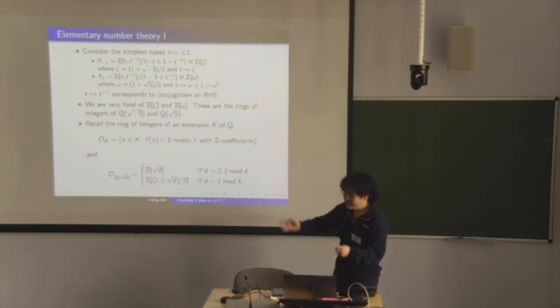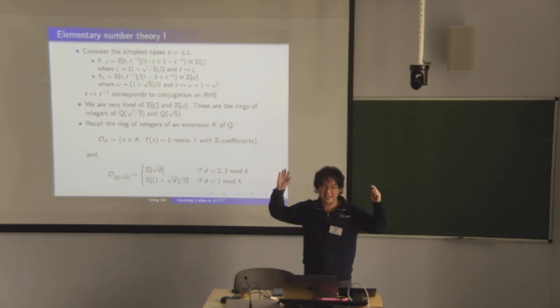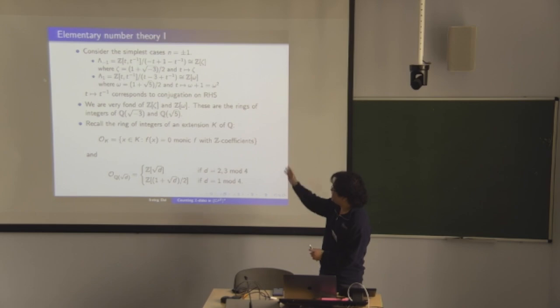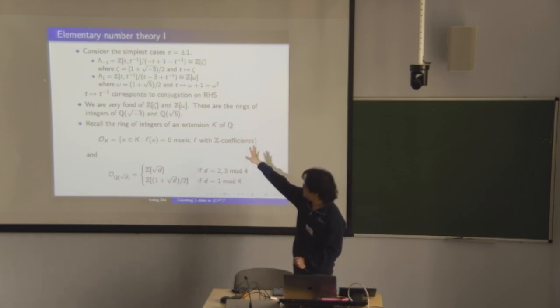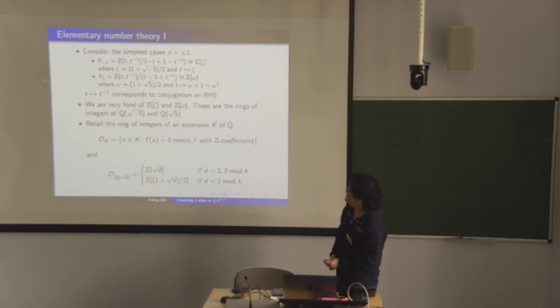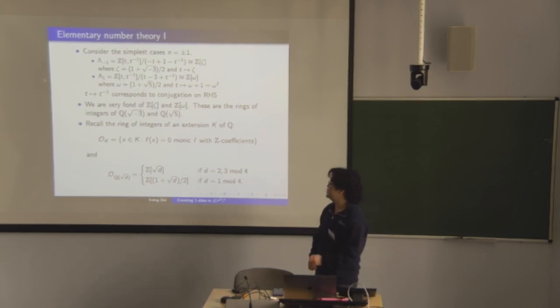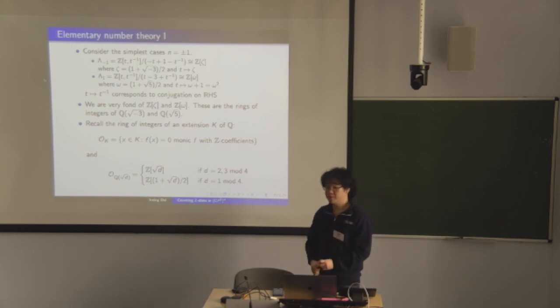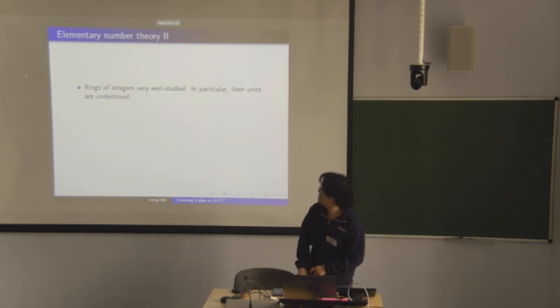People love studying these objects, and they're very well understood. So I've identified the quotient polynomial ring with something very well understood. In particular, Z adjoin zeta and Z adjoin omega are the rings of quadratic integers for Q adjoin root minus 3 and Q adjoin root 5. These are well studied and their units are understood.